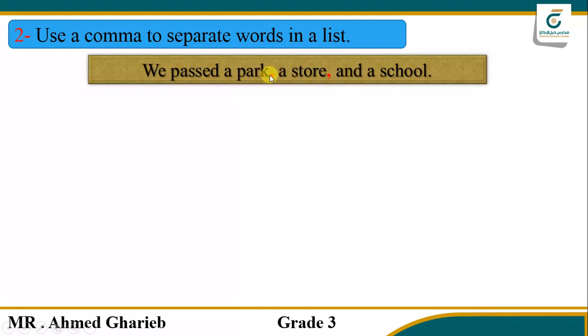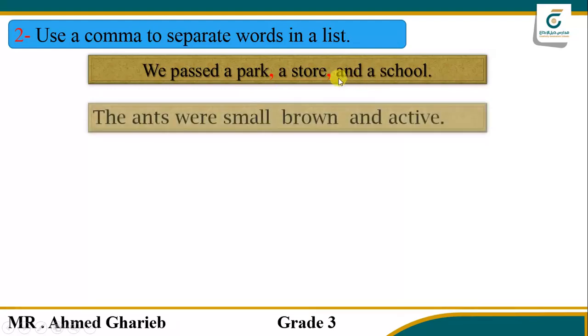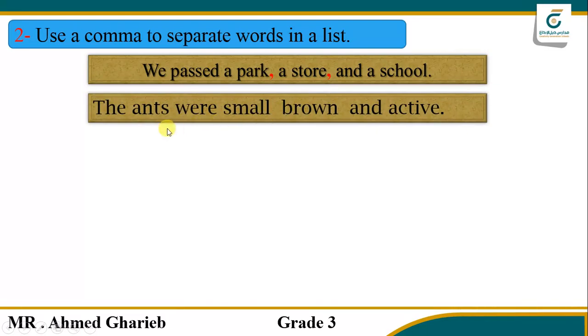We add a comma after the first one, after the second, and be careful that before the last one in the list we add and, comma and. What about this example? The ants were small, brown, and active. I want you now to put the comma.